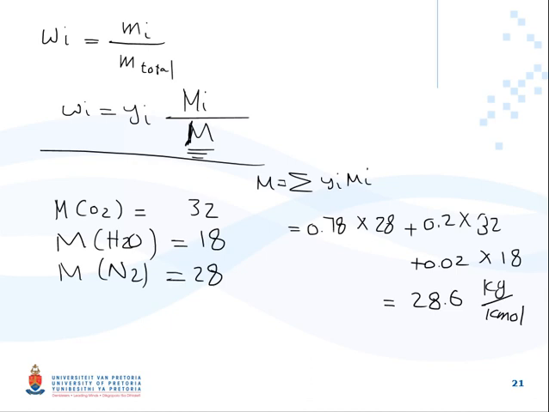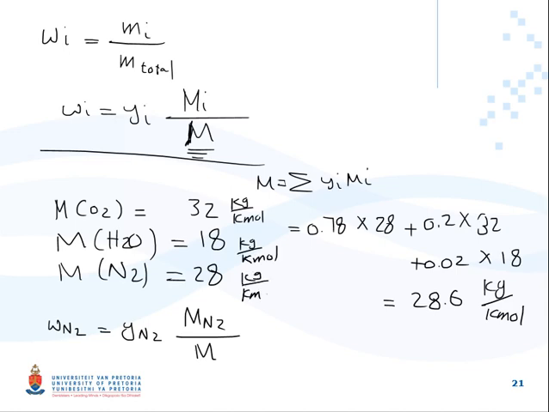Now if we want to find the mass fraction of nitrogen, it is equal to yi Mi divided by M. The units are important, we should never forget that.